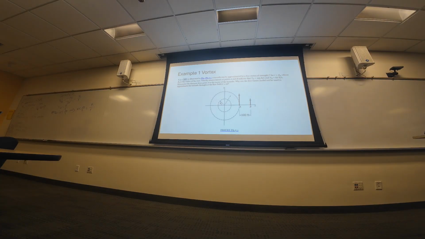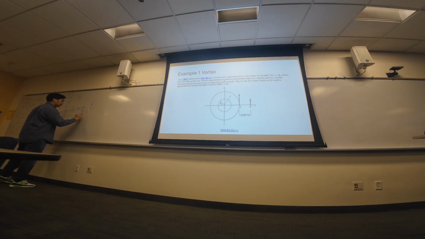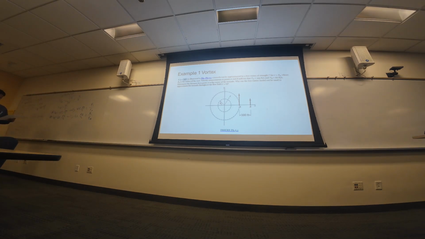I will try to keep that up, and it's going to help you in the long run. So at VB, 60 feet per second is equal to K over R. I'll put subscripts RA, RB here. We'll write out all our steps.